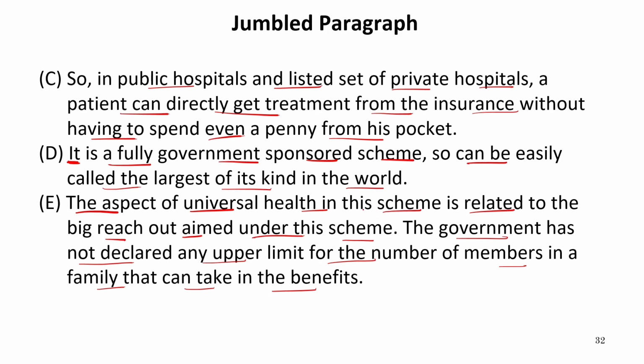Again, which scheme we are talking about is not described here. But if we come to select the first sentence, we can say that E can be the first sentence or D can be the first sentence, because in D, though it has a pronoun, it is a fully government-sponsored scheme, so can be easily called the largest of its kind in the world.